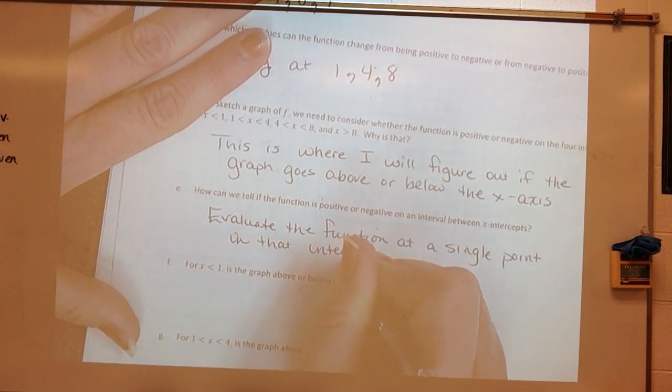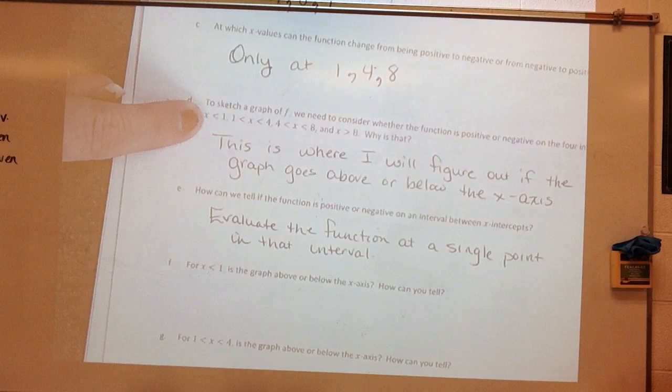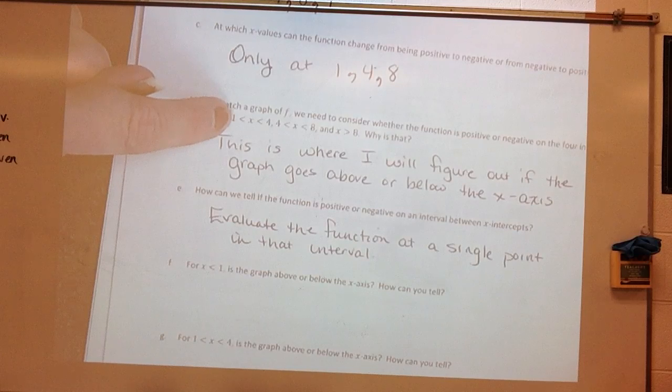So in other words, if my interval is x is less than 1, I would put 0 in there, or I would put negative 1 in there. If 1 is less than x is less than 4, then I would choose 3 and evaluate my function.